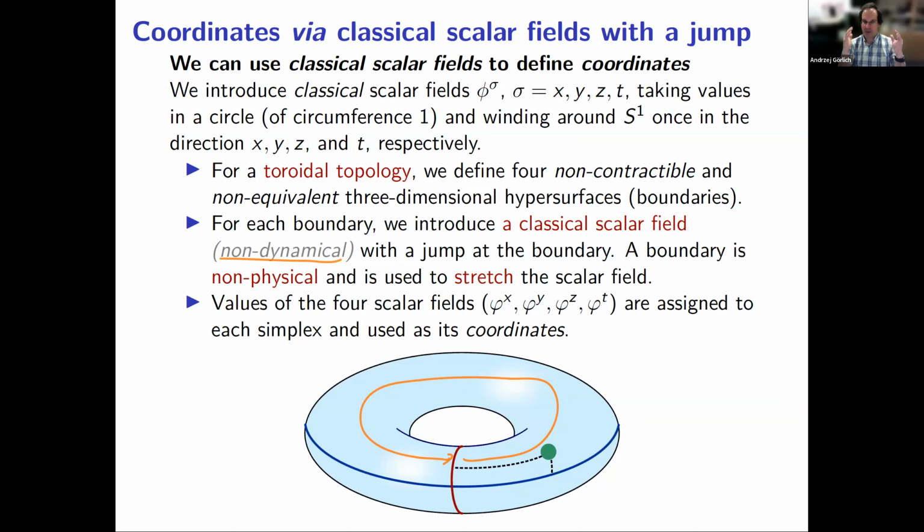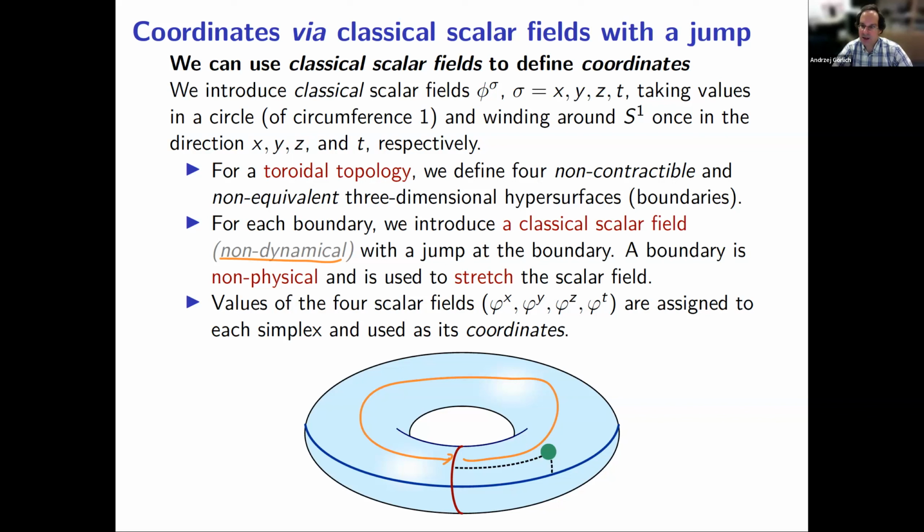For a toroidal topology, the global topology of our spacetime is T4, T3 times T1, where T3 is the topology of spatial leaves or slices, and T1 is the topology in the time direction.